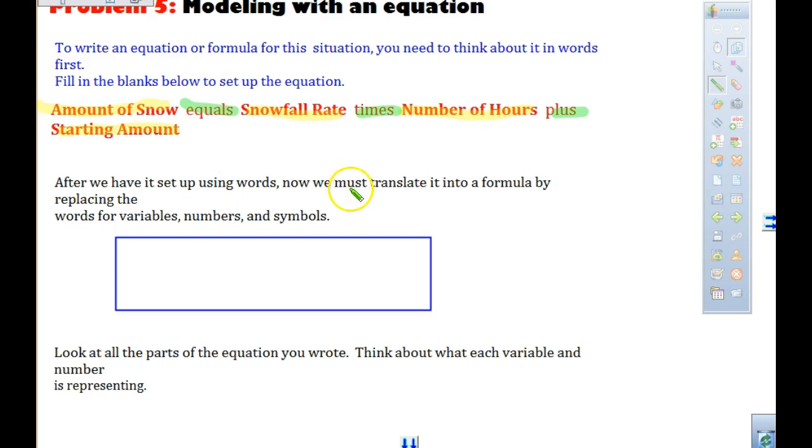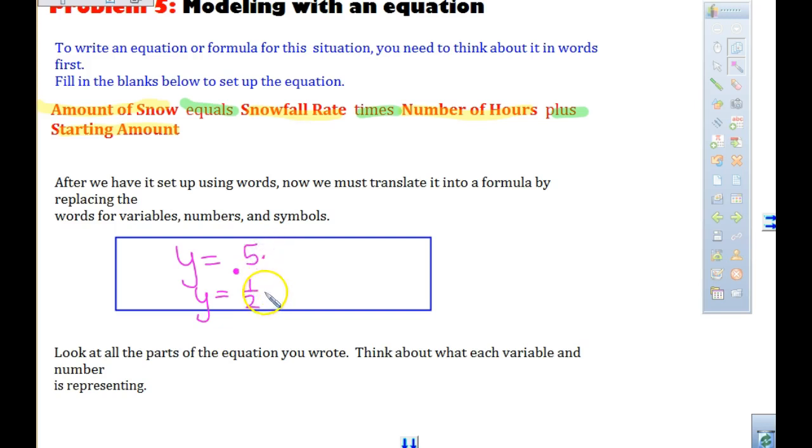After we've set it up in words, we must translate the formula by replacing the words with variables and numbers. So we're going to have y equals, how much was it snowing per hour? 1/2, 0.5, so I'd take either y equals 0.5, or I'd use 1/2.